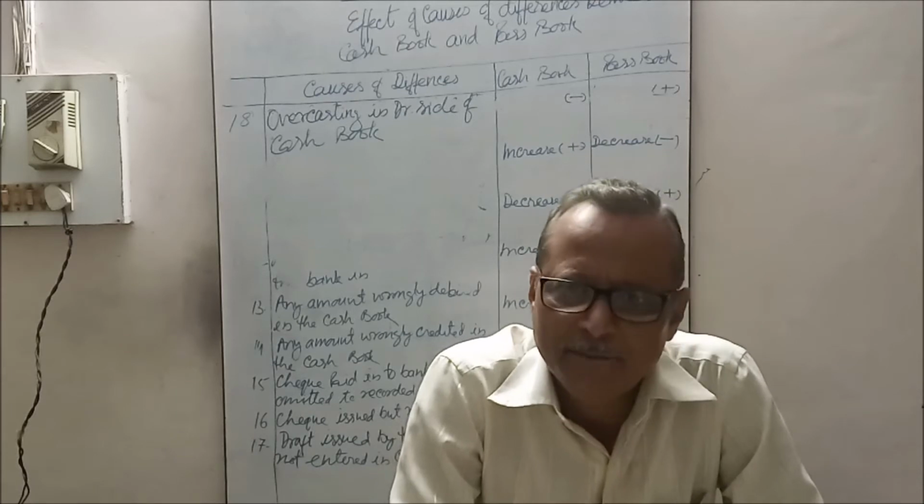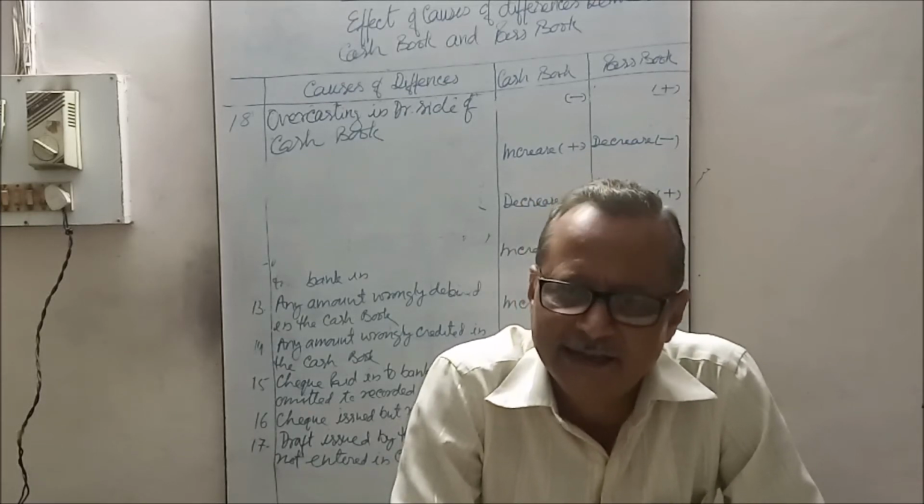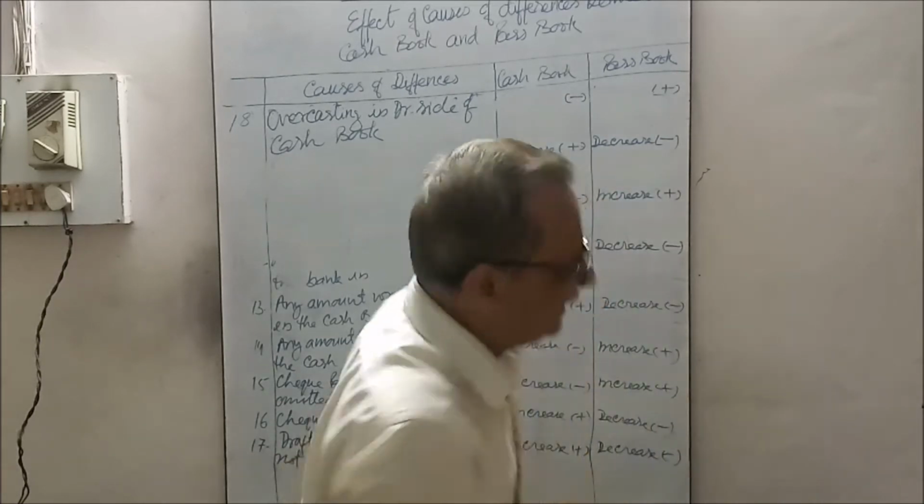Amount has been written, but that is excessively written, overcasting is there. Then in that case, cash book will show increase in balance.